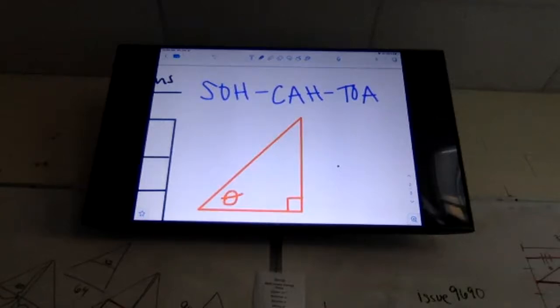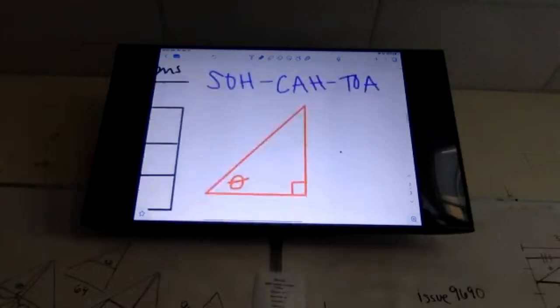So I teach you SOHCAHTOA because that's a way to remember the 3 most basic trig functions and their ratios. Trig functions are all ratios and they're based on a triangle. So we put an angle in one of the acute angles. At this point, we've only done the acute angles of a right triangle.